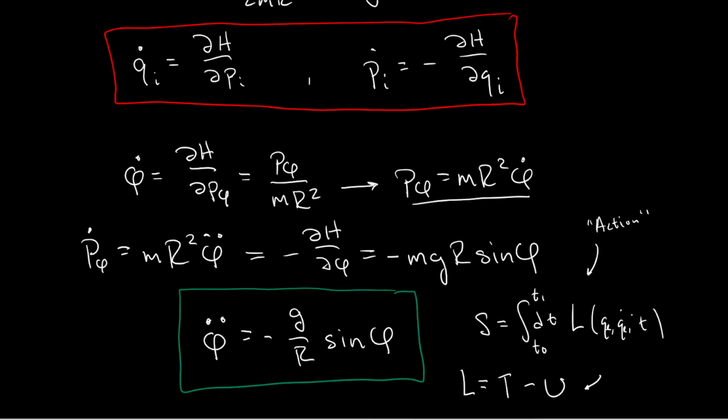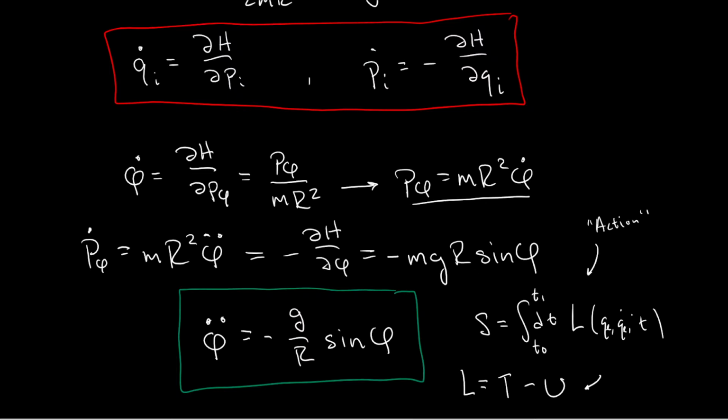And so you get Lagrangian mechanics by minimizing this action, technically extremizing it, but in the case of classical mechanics, most of the time you're minimizing it. And so why do we minimize it? Where does that restriction come from?